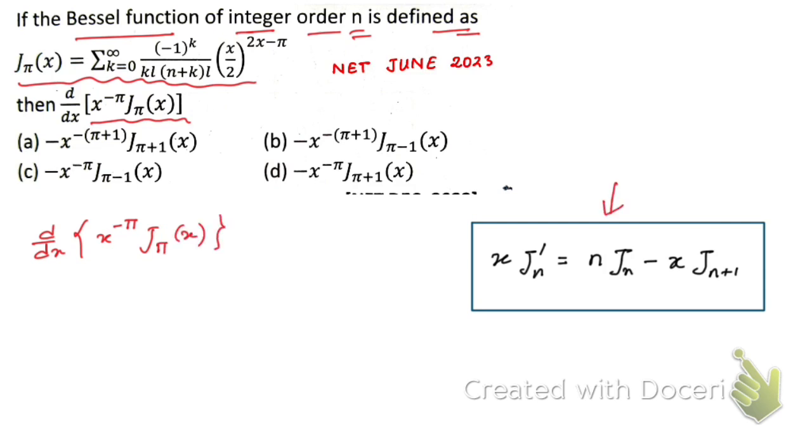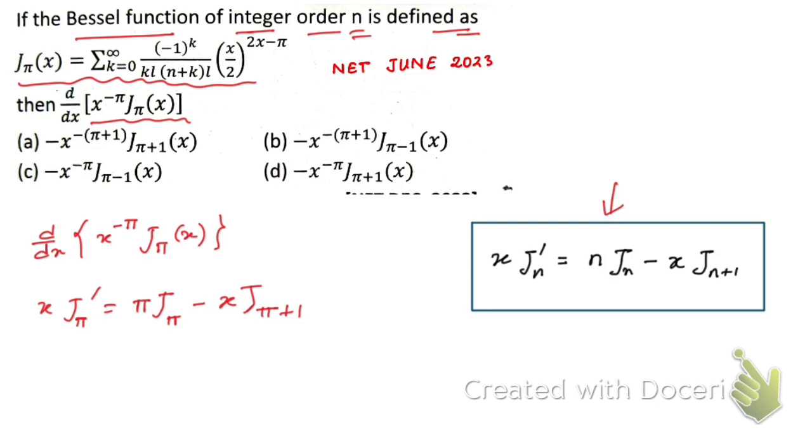Now let me write this formula in terms of n. So then what we can write? x to the power n J_n is equal to x^n J_(n-1) minus x^n J_(n+1), right? We can write that way.